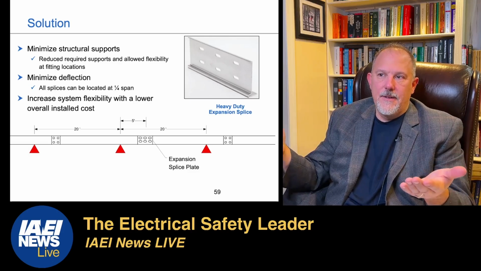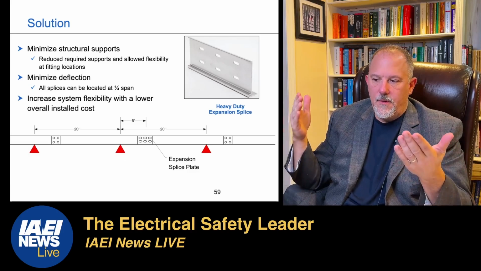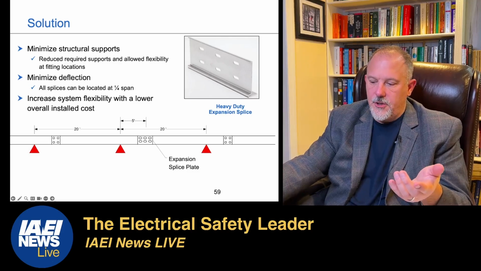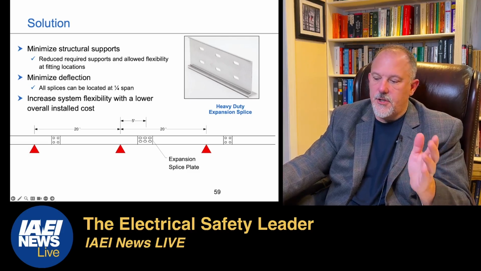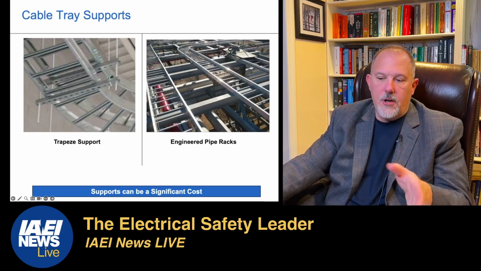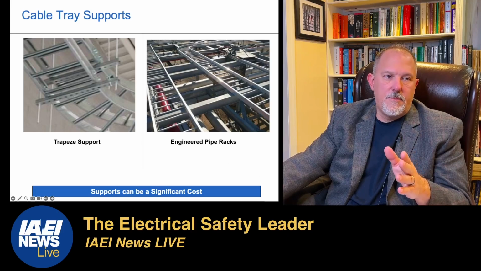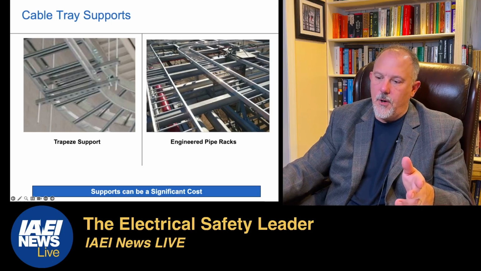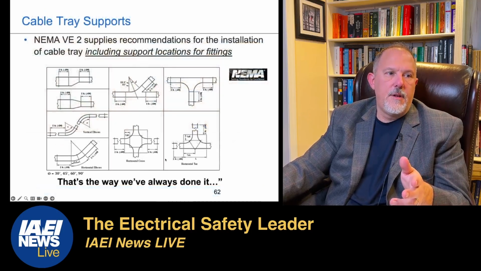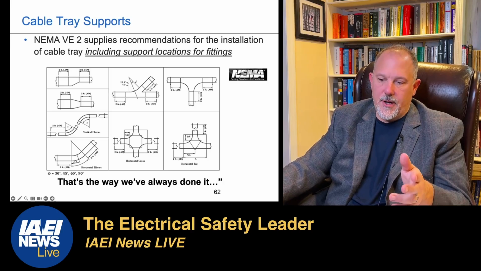So anyway, you'll want to find the right solutions. There might be a lot of different solutions on the market to help you with all different types of applications. These pipe racks, the hangers, the trapeze, there's a lot of different solutions for when you are dealing with cable tray.